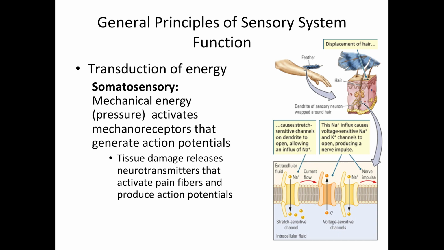So in our somatosensory system, mechanical energy or pressure activates mechanoreceptors that generate action potentials. So in nociception, whenever there's tissue damage, it releases neurotransmitters that activate pain fibers and produce action potentials.